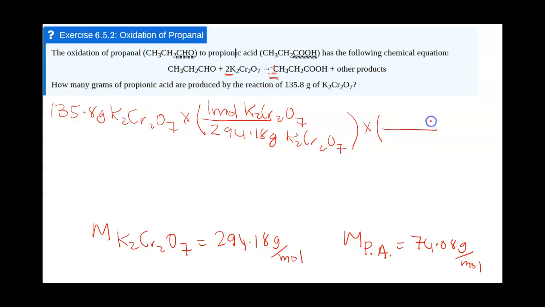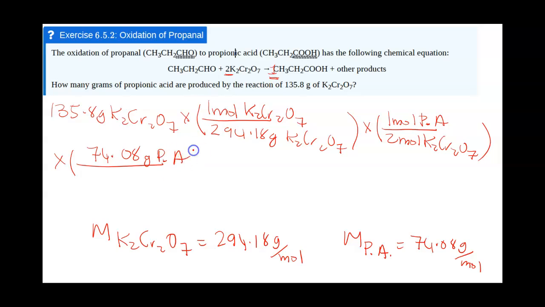Now I have to multiply by my mole ratio, and I get 1 mole of the propionic acid for every 2 moles of K2Cr2O7. And then finally, I'm going to multiply by the molar mass of my B, my propionic acid, and there are 74.08 grams of propionic acid in every 1 mole of propionic acid.